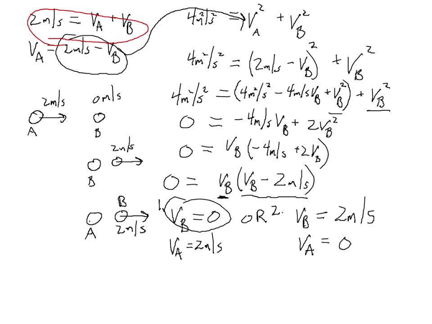Two balls collide. Many times what happens is the first ball stops and the second ball moves off with the same speed that the first ball had. That one makes physical sense. Okay, so option 1, while it would be an okay solution in math class, is not a physically reasonable solution, so we'll exit out. And the correct solution is this one.